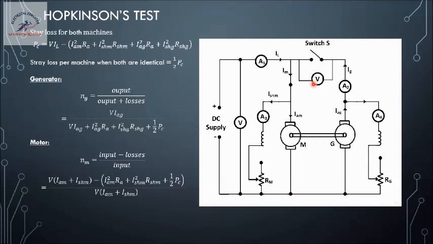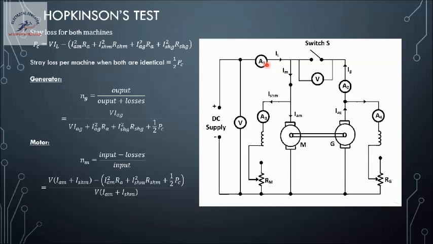Because this stray loss, if we subtract it from the input power, whatever loss we are getting, it is drawn from the supply actually. So the supply is powering this system such that it will not come to rest. It is supplying the frictional losses, windage losses, and all other constant losses which are present.